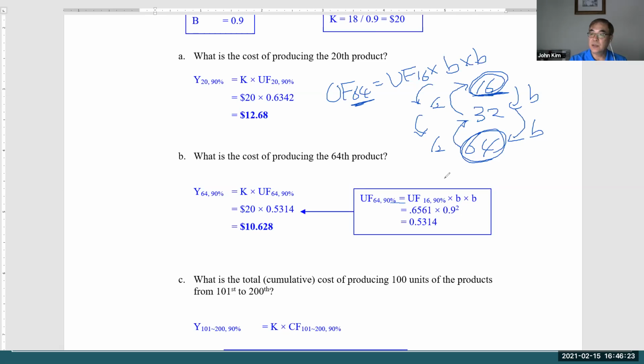Oh, so it is squared, right? Thank you. Okay, good.